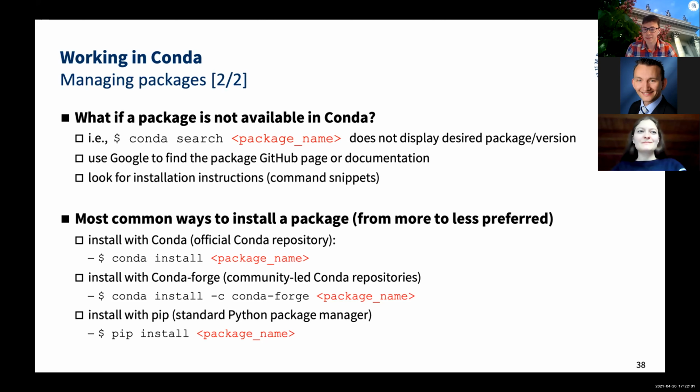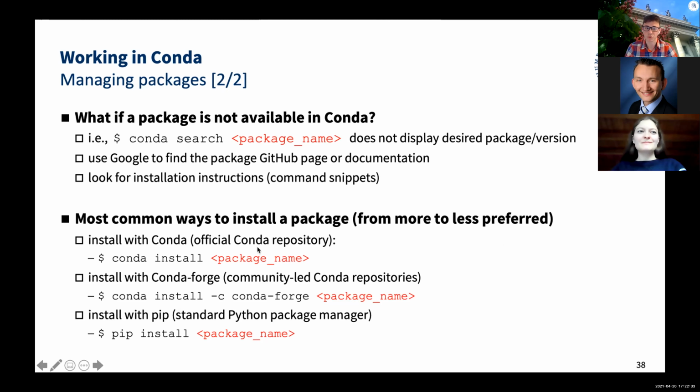And finally, if the package is not in either of these two locations, maybe because this is a very custom package that you yourself have developed and have not published on Conda, nor on the community-led Conda repository, and it is only available on pypi.org, then you can install it with pip install, which is a standard Python package manager.